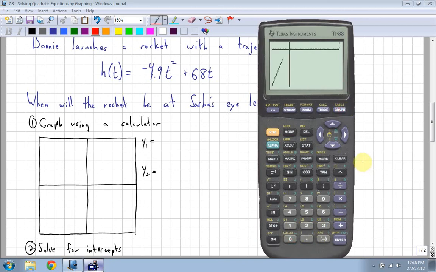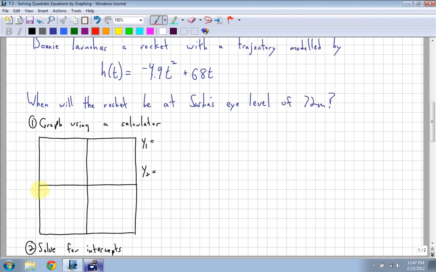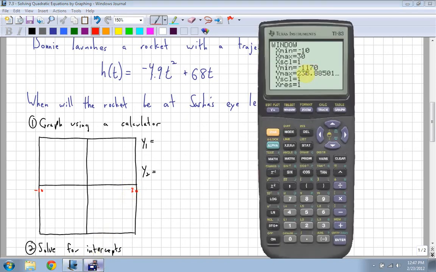Let's check that out. Good, perfect. Now I get a good, clear picture of what my graph looks like. So just check your window settings. It goes from -10 to 30 on my X. And then on my Y, it goes from -1,170 to 235.